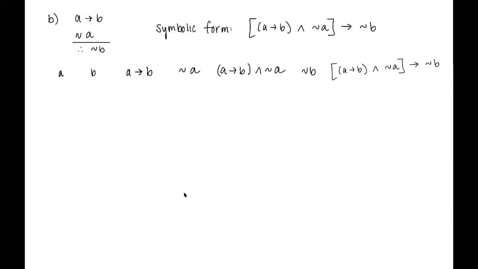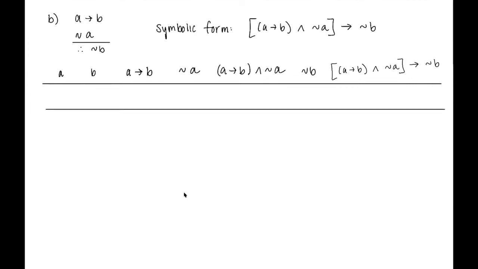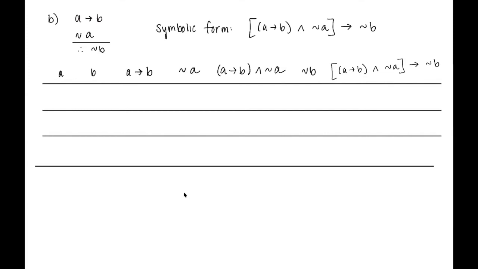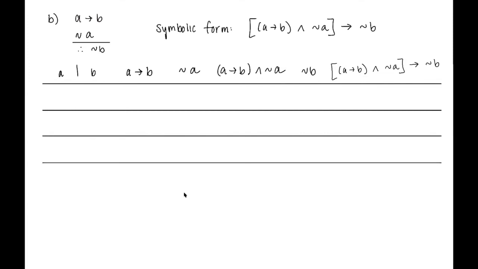Okay. So quite a large truth table this time, but that's okay. I still only have two statements though. So I have 4 rows in my truth table.